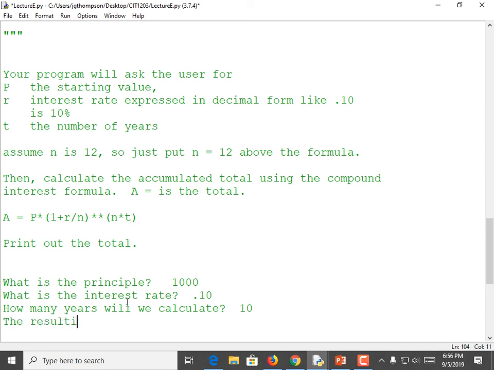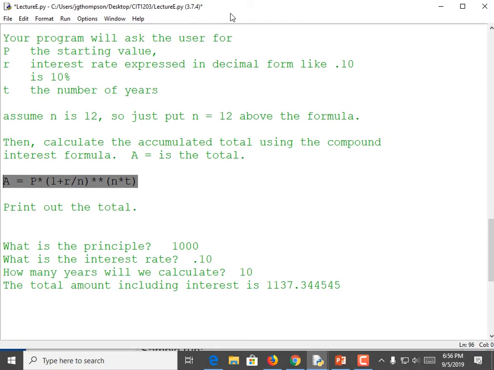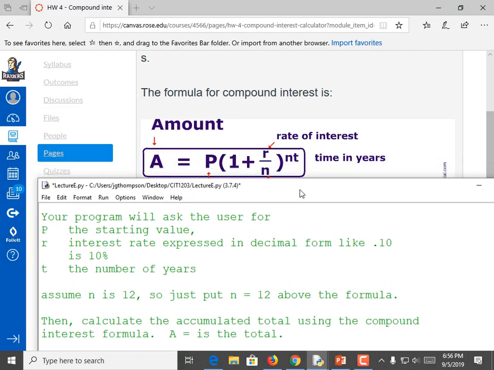The final amount or total amount, including interest, is 1,137 or something like that. That's not the actual value. We could figure it out. We could just enter this into the shell with those values, and we actually get the final value just so that my instructions show it right when you test it.